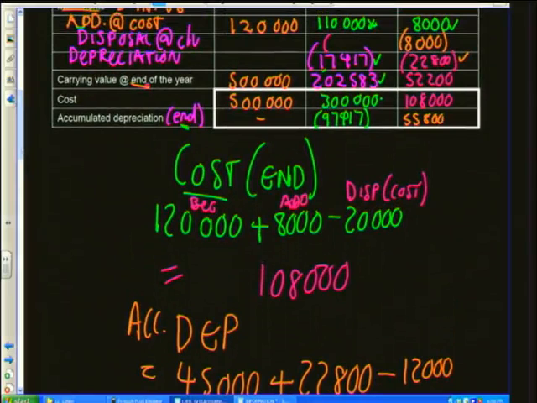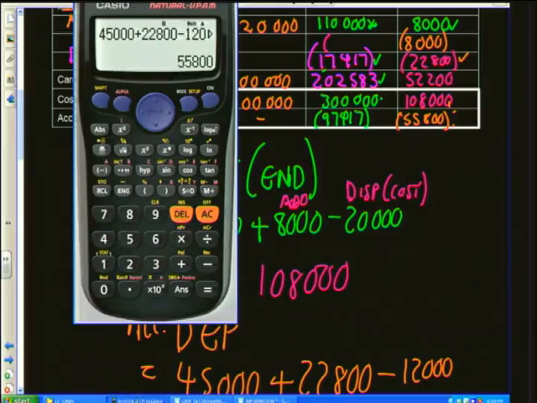And remember what I said, guys: if I subtract these two amounts, I must get my 52,200. So cost at the end of the year, 108,000, minus accumulated depreciation, 55,800, gives my carrying value of 52,200.